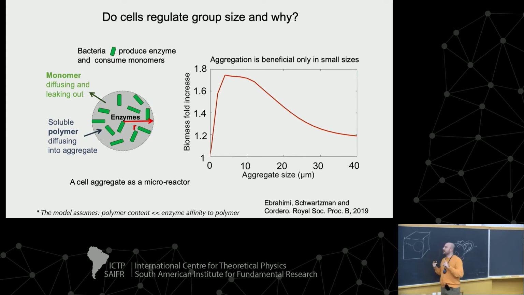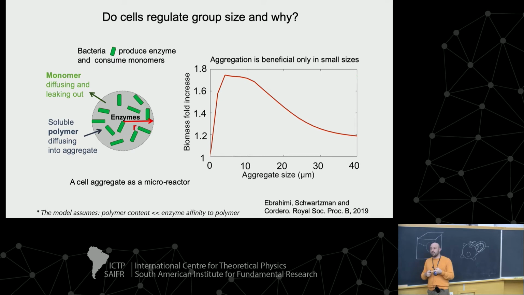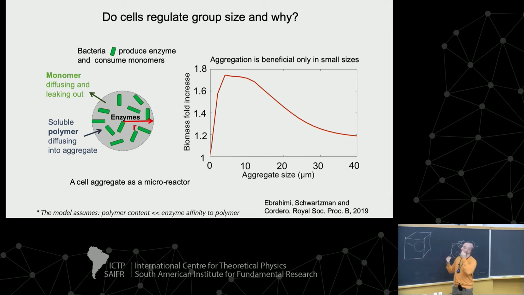Please keep this in mind if you are trying to follow this. The polymers are dissolved. Yeah? In the second part of my talk, the polymers are dissolved, as opposed to the previous one where the polymer was that ball where the cells were attached. Now the polymers are in solution, and the cells are trying to get them in. They just come by diffusion. They degrade them. Monomers are released. Okay, that's the model.